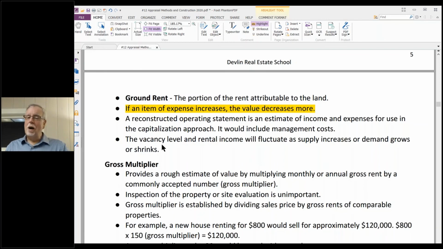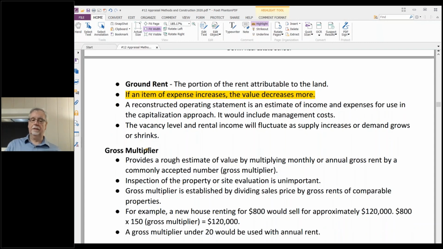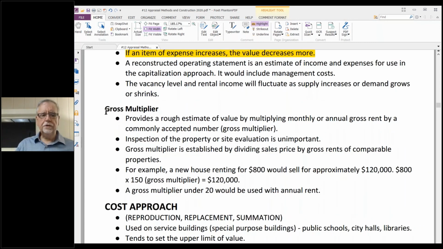A reconstructed operating statement is what you would get with just an estimate of income and expenses, and vacancy level and rental income fluctuate. Boy, have they fluctuated recently. Then there's something called the gross rent multiplier. And the issue with capitalization, and capitalization is more accurate than a gross rent multiplier, is that capitalization requires that you know net income.